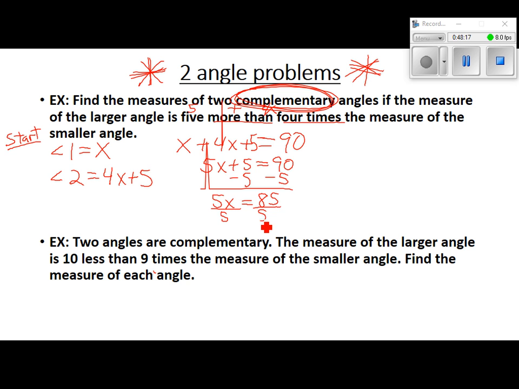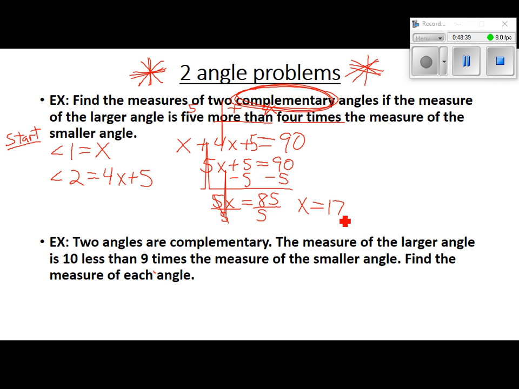So 85 divided by 5 is 17? Yep. Is that our answer? No. What's our answer? Go back and read the problem, what they ask you to find. Find the measures of two complementary angles. So find the measure of the two angles, right?